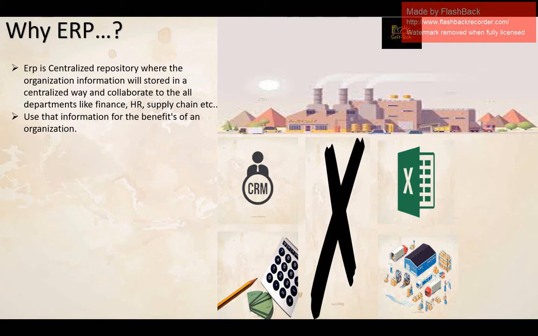Assume a customer comes to the sales department and asks to purchase a product. The sales person has to check the inventory, whether the product is available or not, and how much stock there is. If the customer wants 100 quantity, the sales person doesn't know the inventory of the product, because he doesn't have access to the inventory management of that organization.